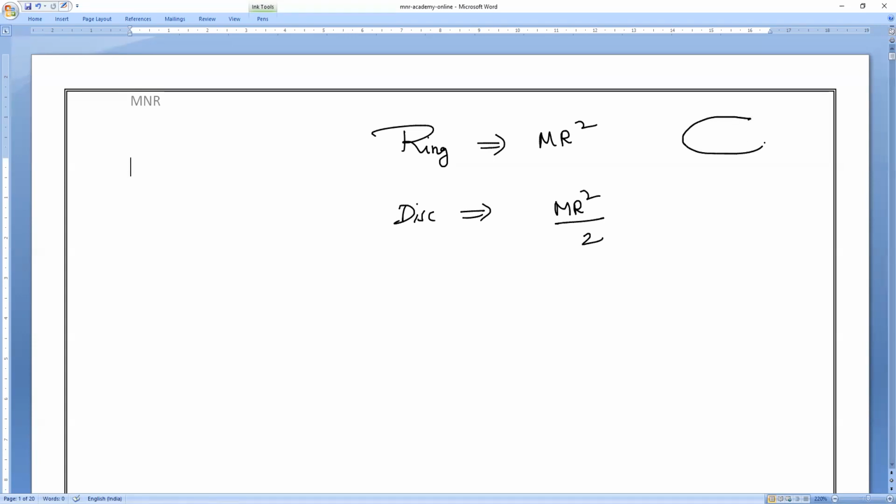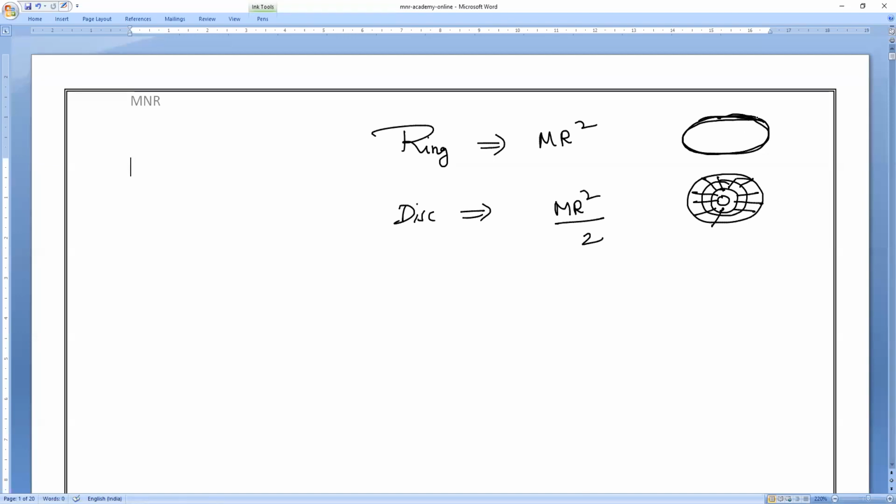What is the difference between the ring and the disk actually? In a disk, mass is distributed at every part. But if you take the ring, the whole mass of the ring is present only at the surface. Inside, it is hollow, empty space.